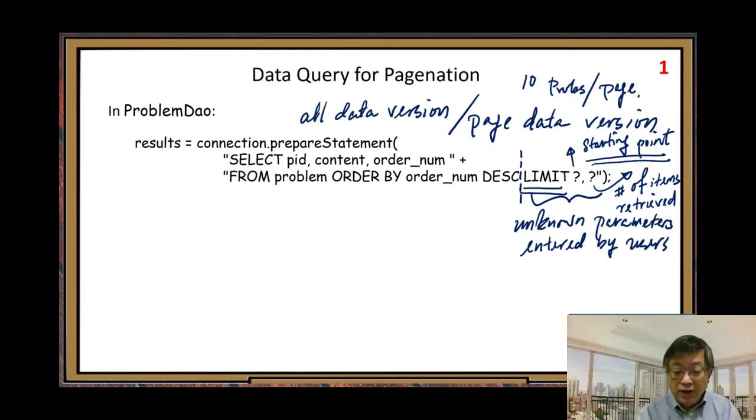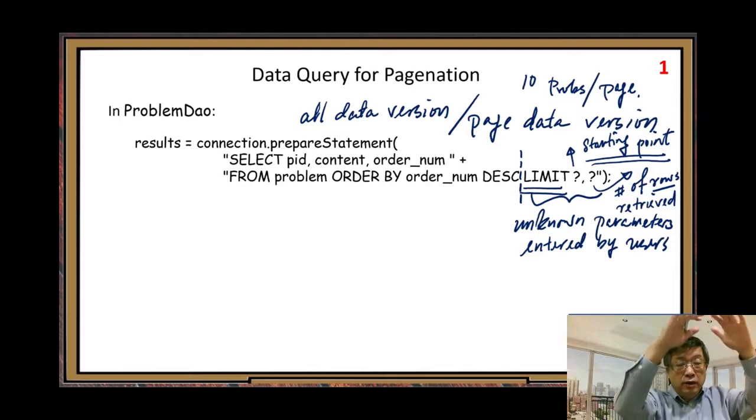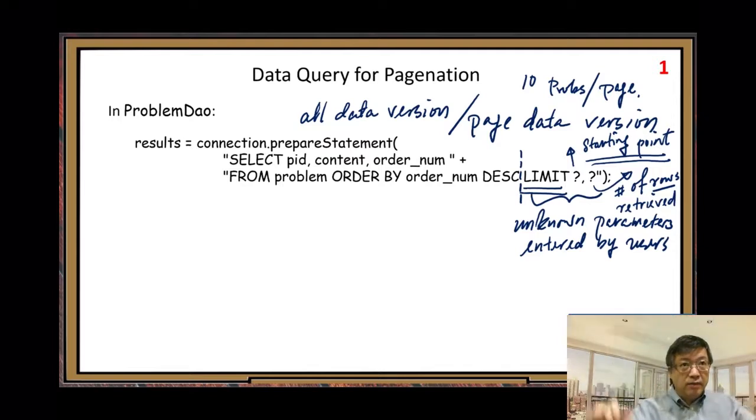Let me better write number of rows, because items, what do you mean by items, right? Rows, we know that concept from the table. Now, the whole data set is a big table, and we only want to take one segment of the rows.